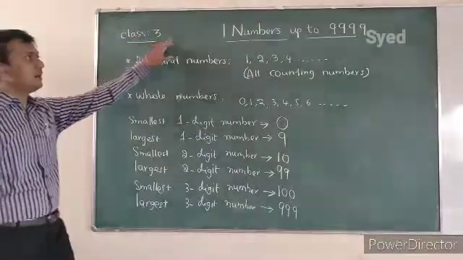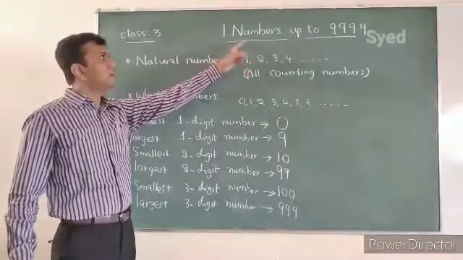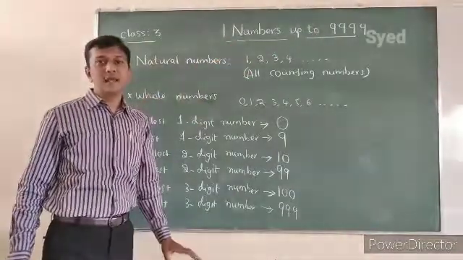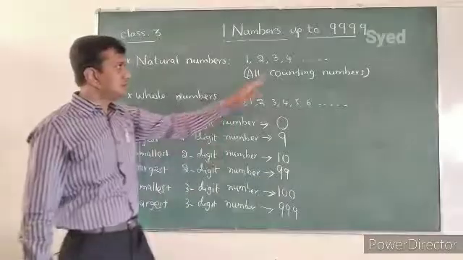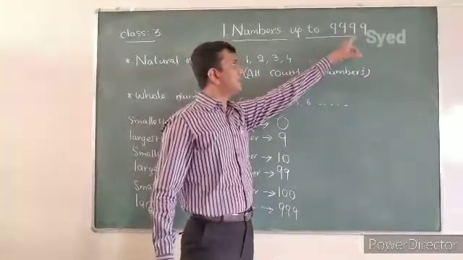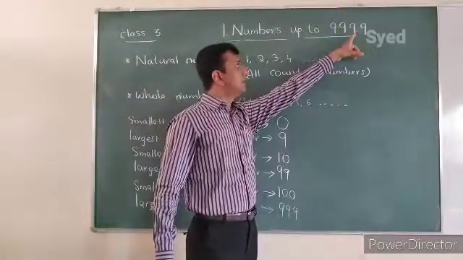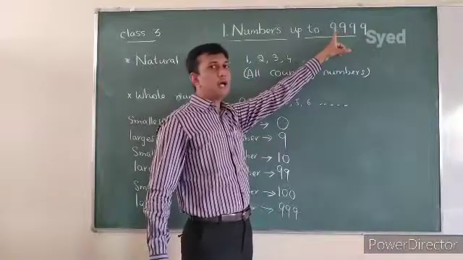In third standard, we will learn numbers up to 9,999. That means one more place value has increased. Ones, tens, hundreds, thousands.